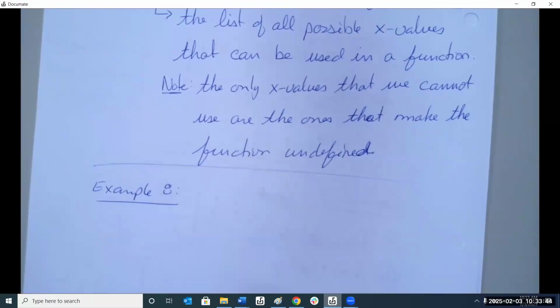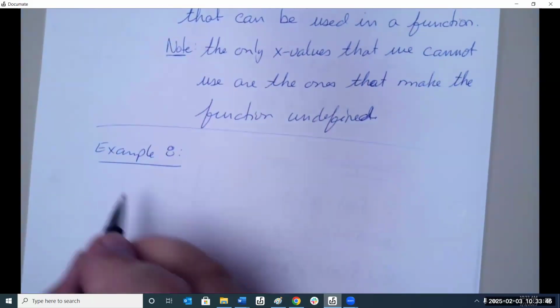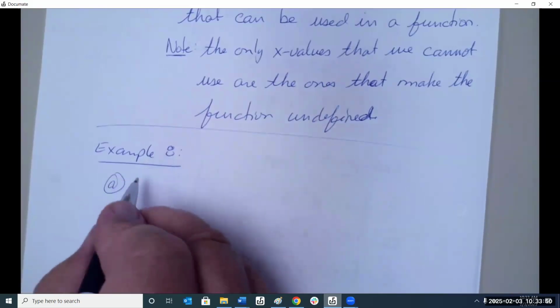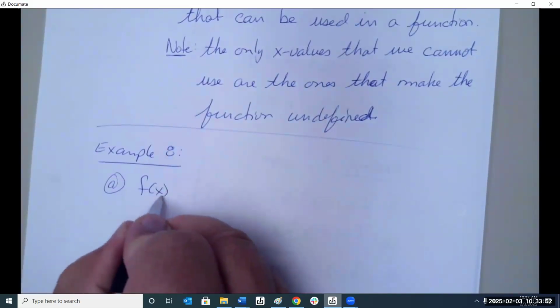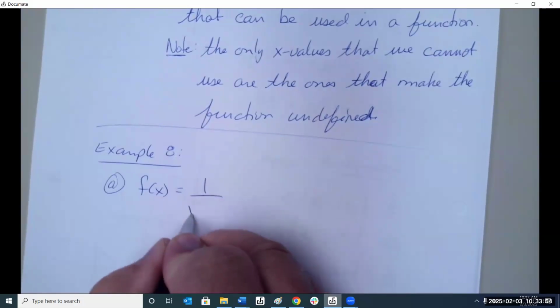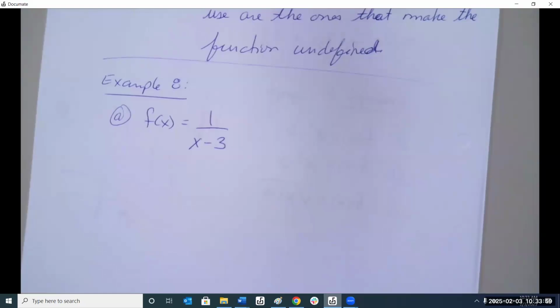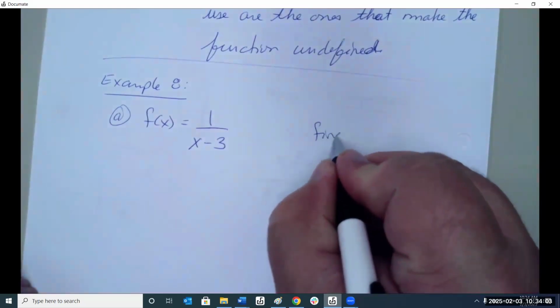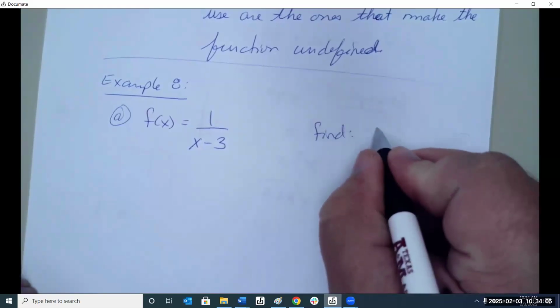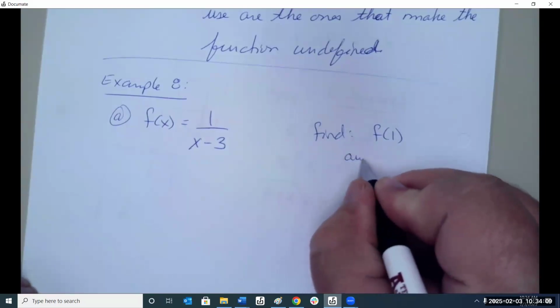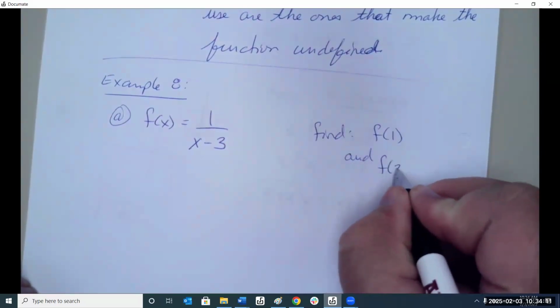Example 8. Here's the first one. Here's f of x. I'm going to expand this a little bit. So find f of 1 and f of 3.